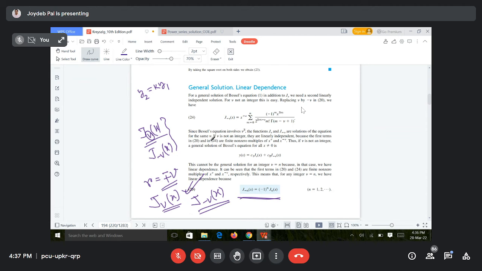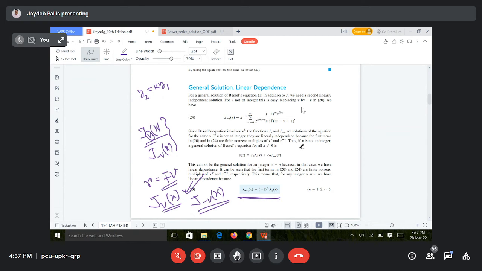Whatever I told, everything is explained here. Look, it is written here. Since Bessel's equation involves nu square, the functions J nu and J minus nu are solutions of the equation, Bessel's equation, for the same nu. If nu is not an integer, they are linearly independent. If it becomes an integer, then they are dependent. We have seen. But if nu is not an integer, they are linearly independent.